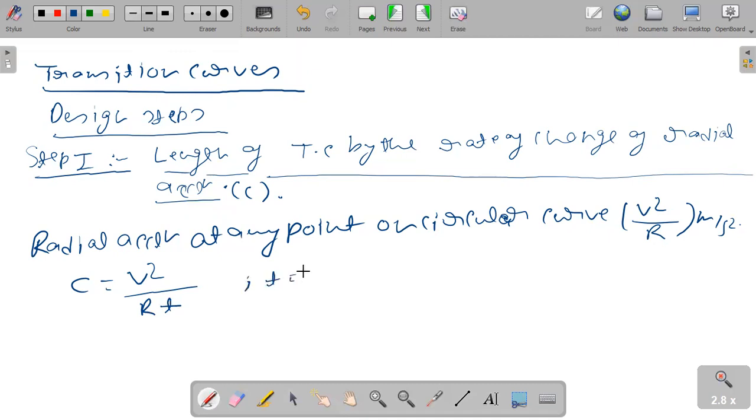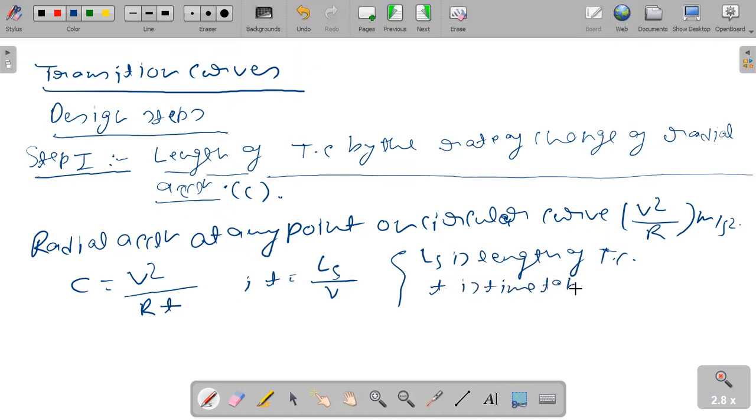Moving forward, we have one more formula: t is equal to Ls by v. What is Ls here? Ls is the length of the transition curve, t is the time taken, and v is the uniform speed in meters per second.